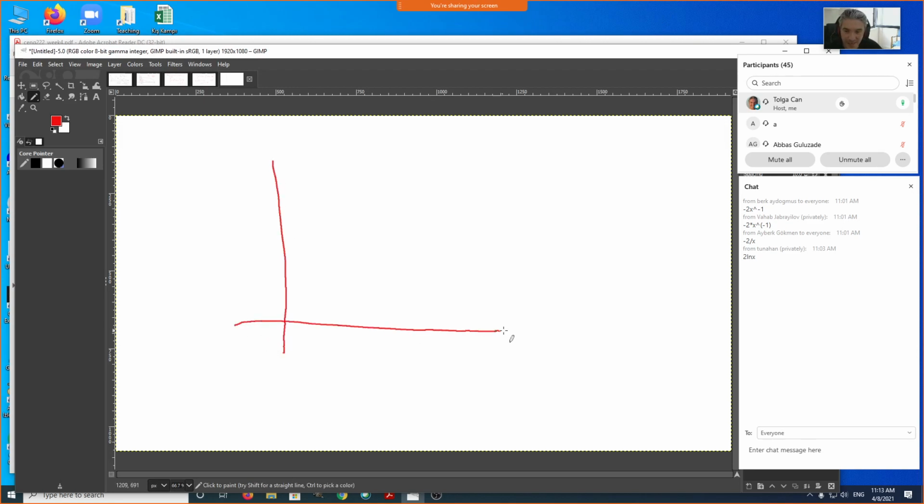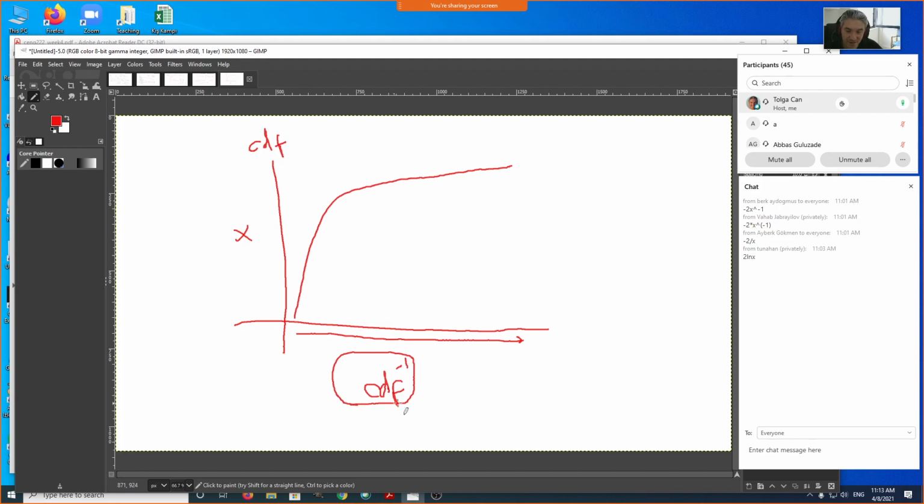Okay, so what I'm saying is that if we have the CDF function, and this is the x-axis and this is the y-axis, if you take a look at the inverse of the CDF function, you'll see that it's always uniform.